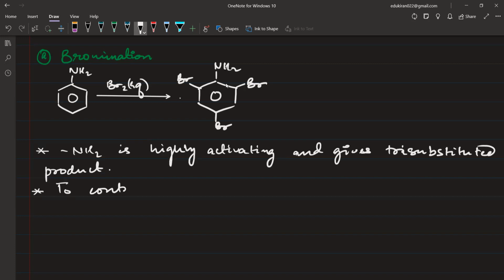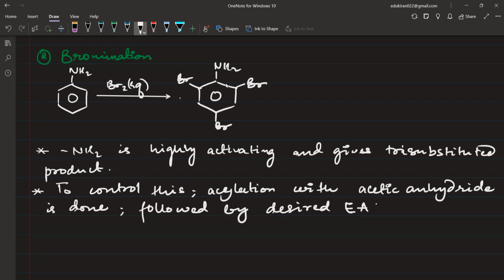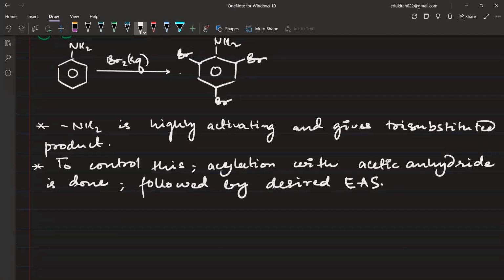To control this, acylation with acetic anhydride is done, followed by the desired electrophilic aromatic substitution. First of all, what we do is acylation, the reaction from the last class.